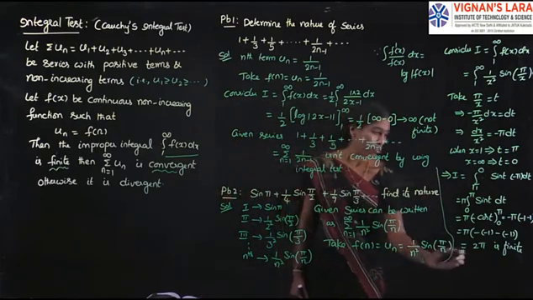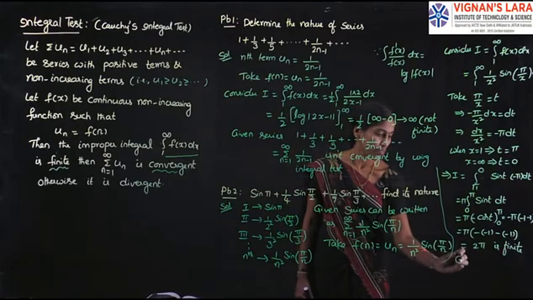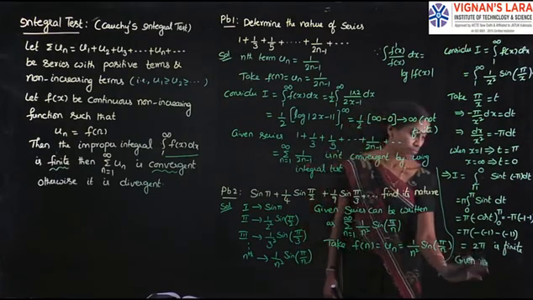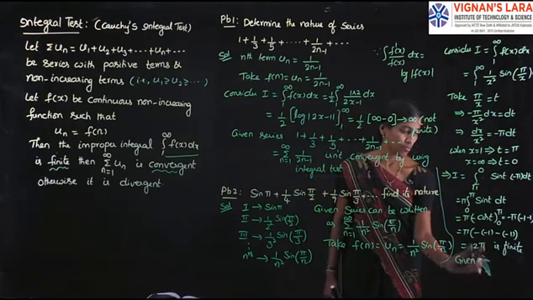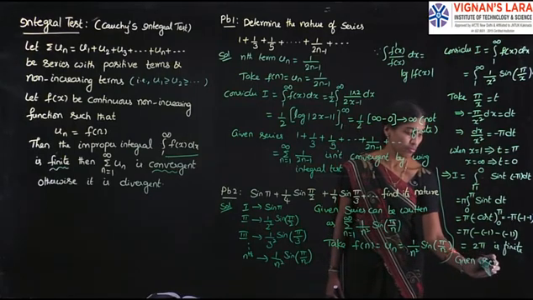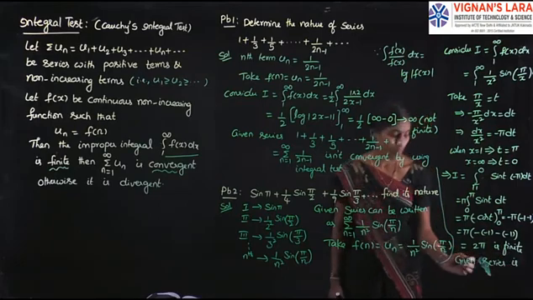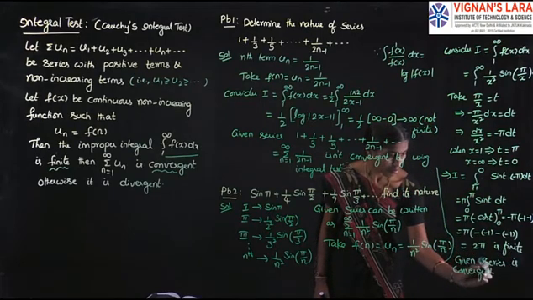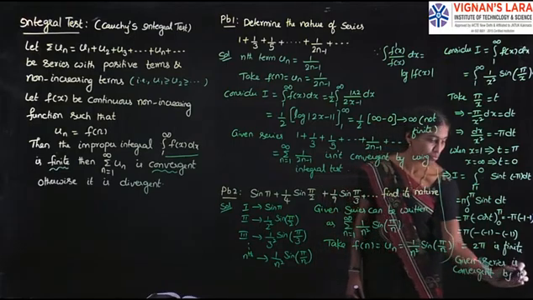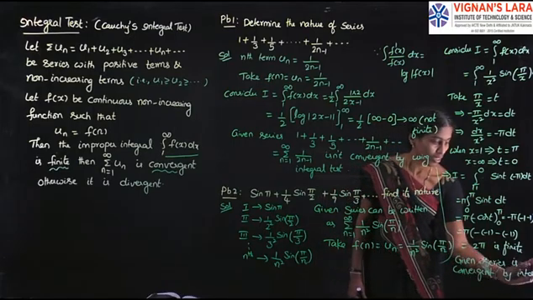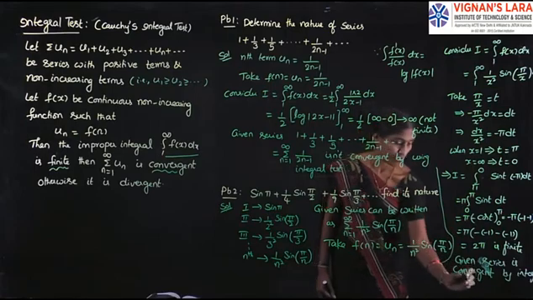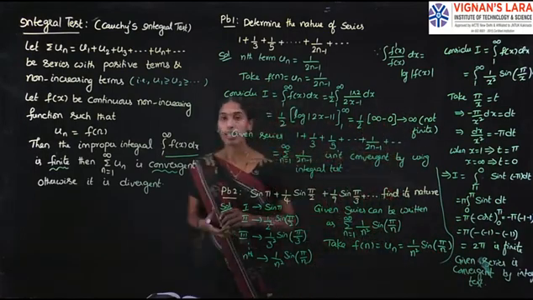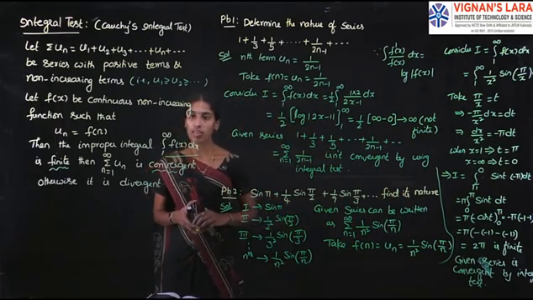So we can write, because it is finite, the given series is convergent, by the integral test. Like that we apply the integral test to find out the nature of the series.